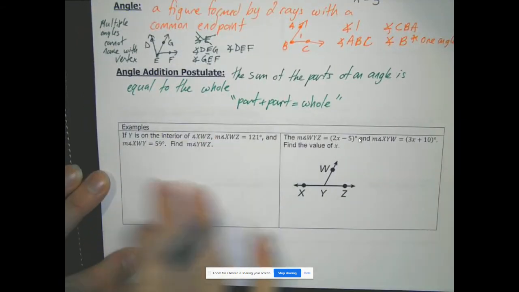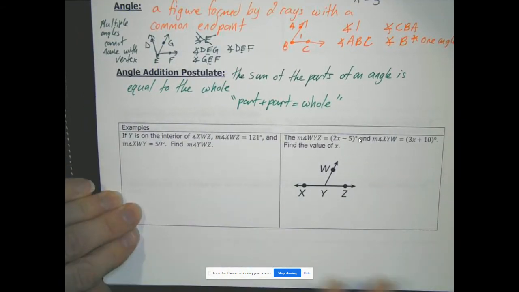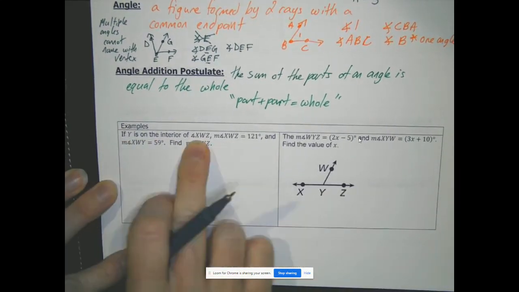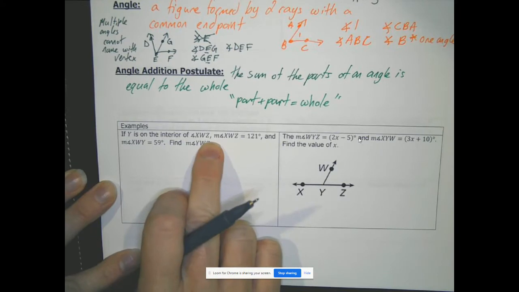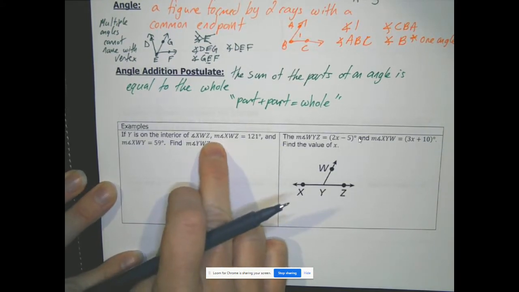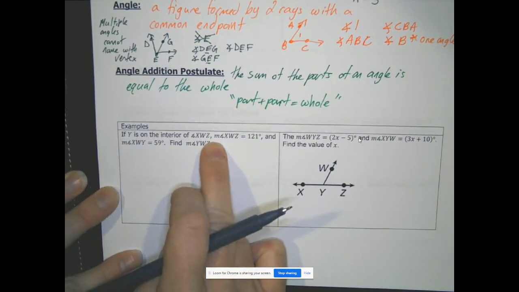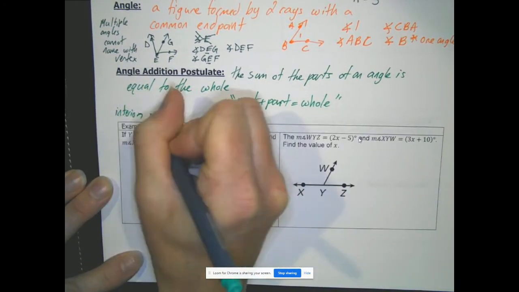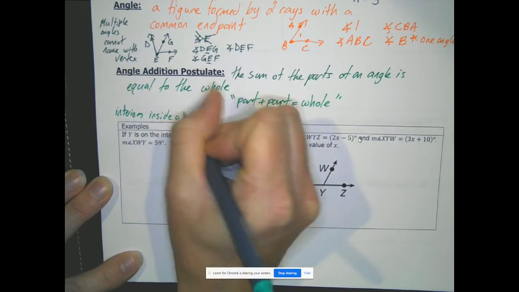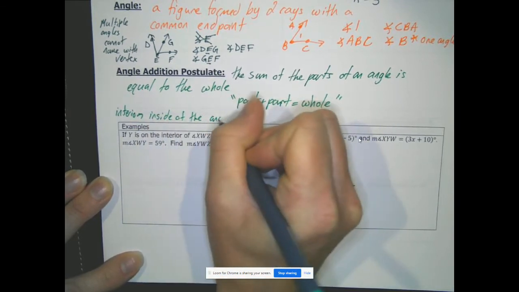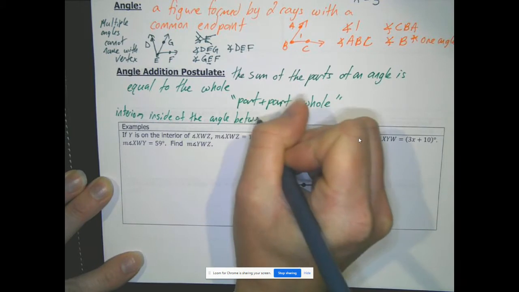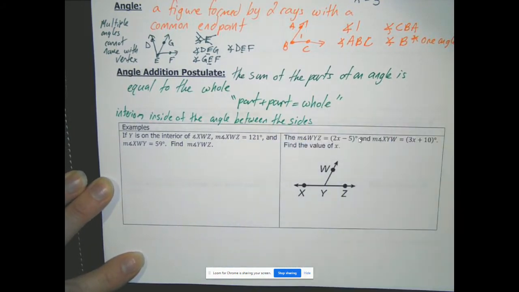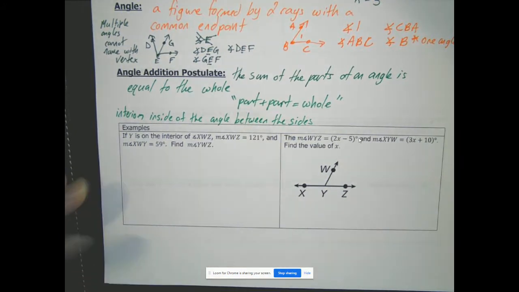Okay, so these get a little bit more complicated, but you have a couple things you need to do with this. So this is if Y is on the interior of angle XWZ, and I think that your heads fell off when I said that. So interior is the inside; it's actually between the rays. So interior, inside of the angle, between the sides.